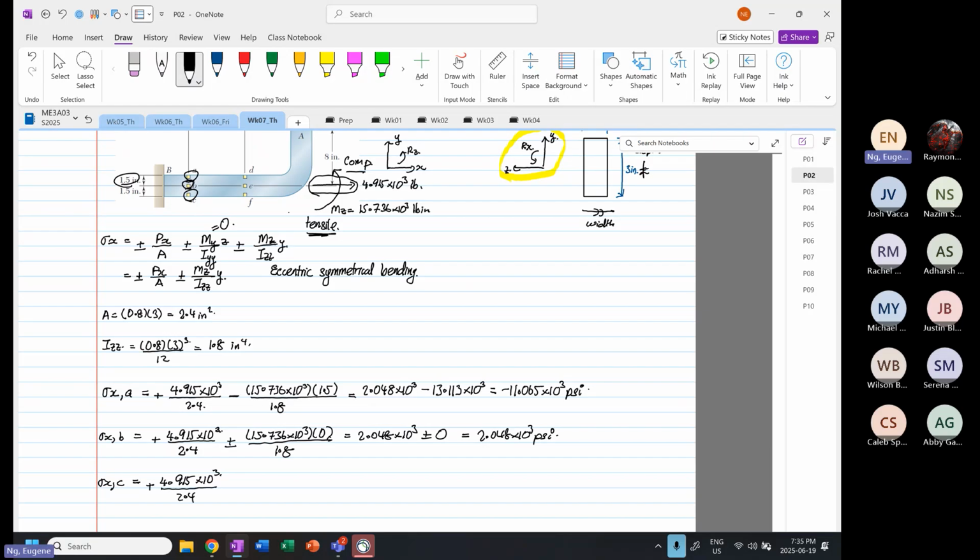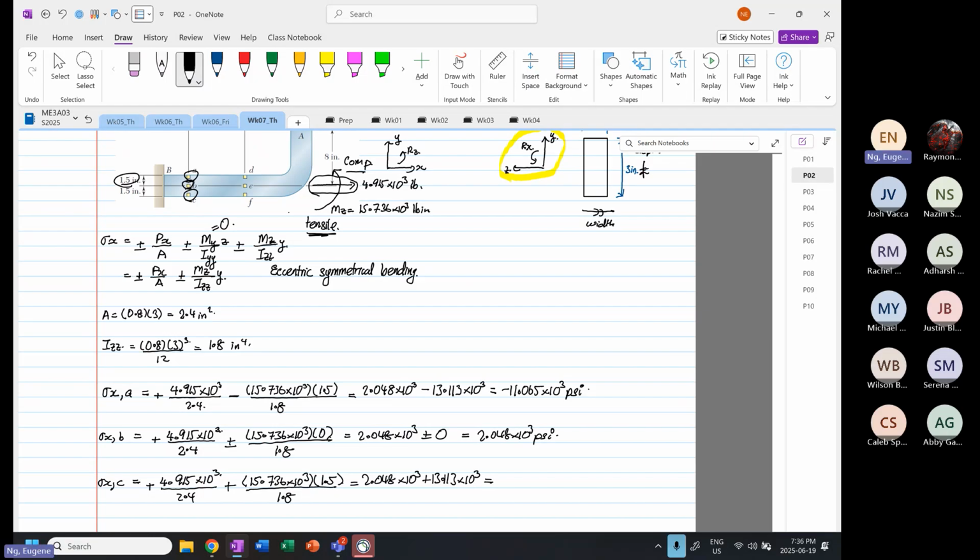And then we know that this is going to be tensile, so it will be plus 15.736 times 10 to the power 3, and then we multiply by 1.5 and divide by 1.8. Okay. So this will be equal to 2.048 times 10 to the power 3 plus 13.113 times 10 to the power 3.